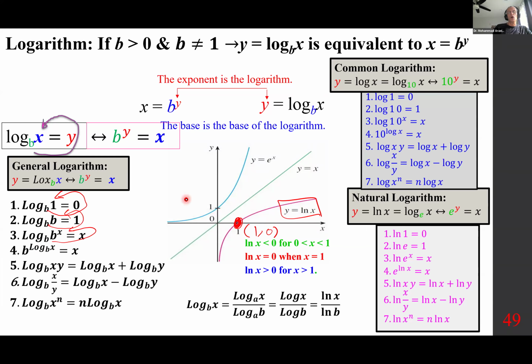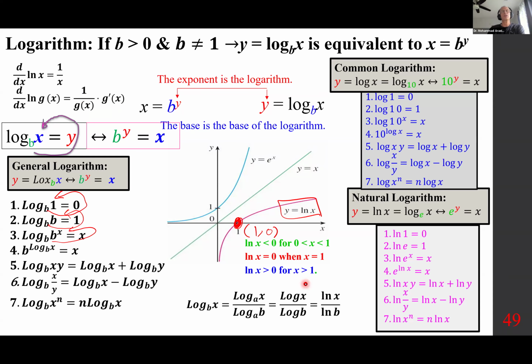So for the logarithmic function, for example, y equals ln x, ln x is negative, that means below the x-axis, between 0 and 1. It's 0 at 1, and it's larger than 0, that means positive, above the x-axis, when x is larger than 1.